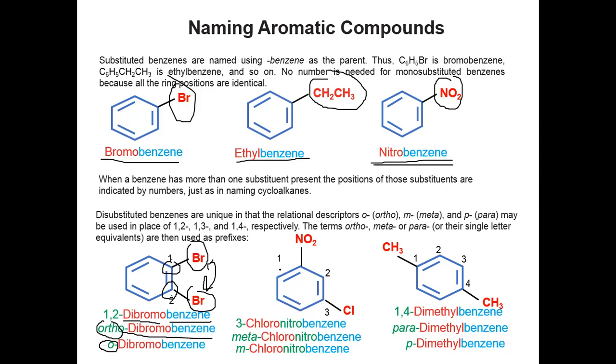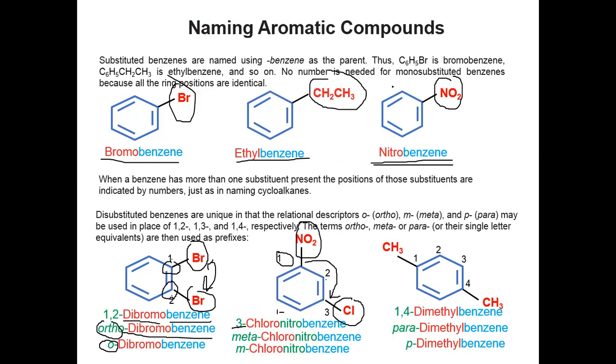Now let's look at a different case. We have NO2 and Cl substitutions. Say we start with NO2 as numbering 1, and we go towards chlorine. So it's 2, 3. So it's going to be 3-chloro, 1-nitrobenzene.